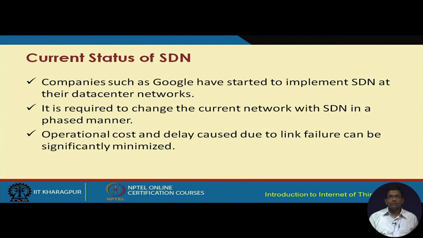It is not so simple. It has to be architected, the hardware has to support it, the software has to support it, and so on. So, this has to be done in a progressive manner, step by step. Operational cost and delay caused by link failures can be significantly minimized using SDN.